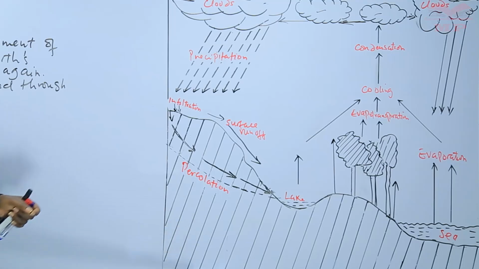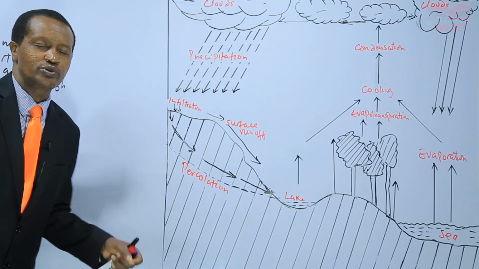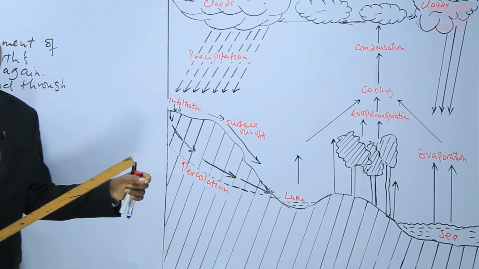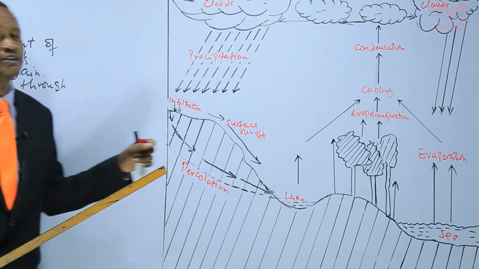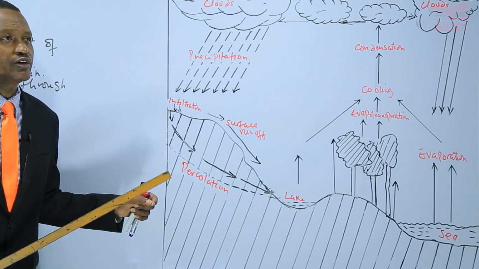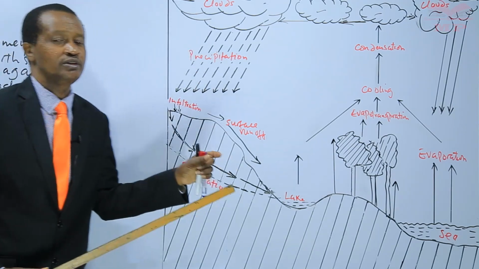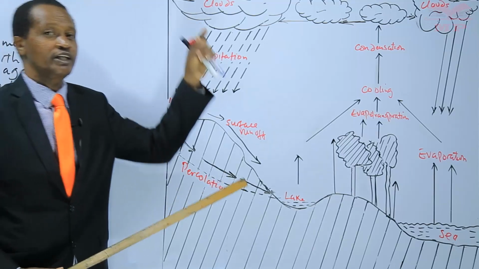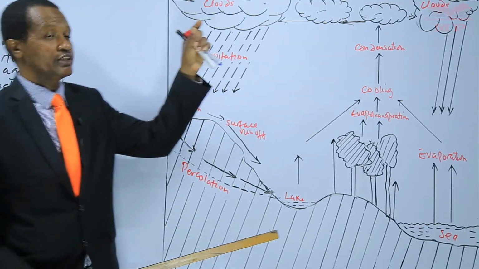Hydrological cycle. And that answers the question, learners, how is it that some rivers never dry? How come it rains all the time without exhausting? We receive rain all the time without exhausting the source.